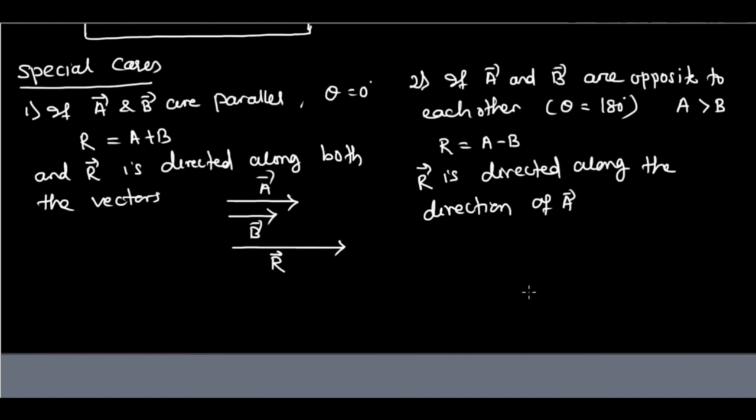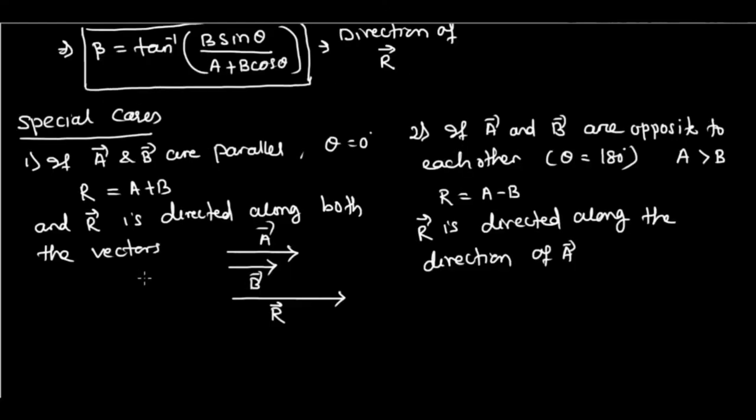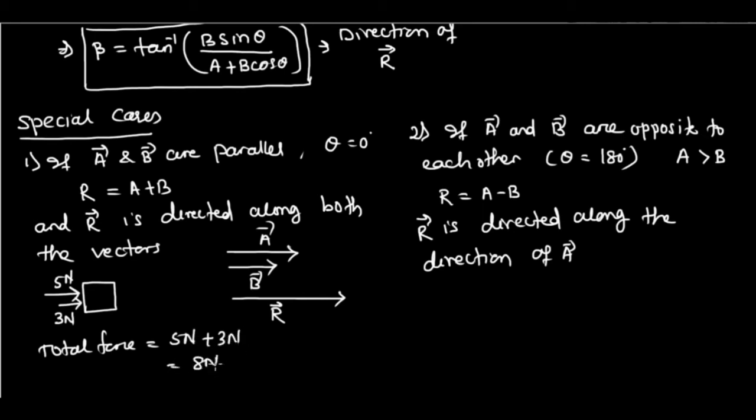For example, suppose we have a body, this is a block, and you apply two forces, 5 Newton and 3 Newton on the body in the same direction, then the total force will be how much? 5 Newton plus 3 Newton, that is equal to 8 Newton. The total force will also be towards right. This is the total force having the magnitude of 8 Newton.